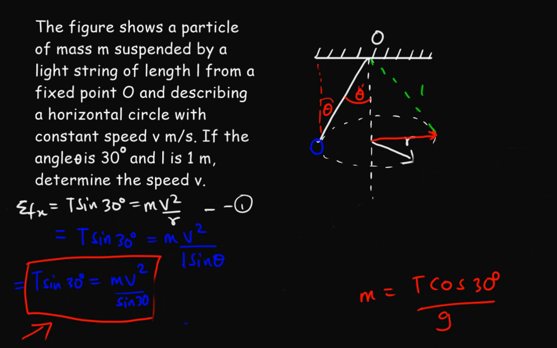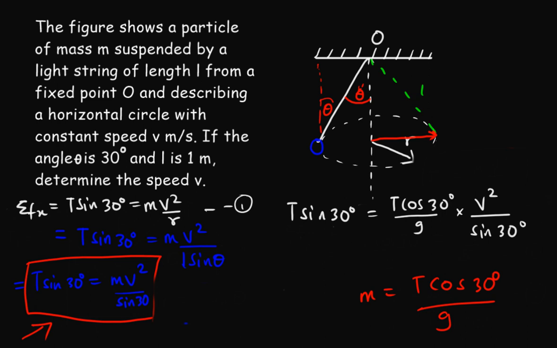So when you are doing this, from equation 1 we have T sine 30 degrees equals mv squared over sine 30 degrees. But we know m to be T cosine of 30 degrees over G. Right? So this times v squared over sine 30 degrees. This is what you have now.